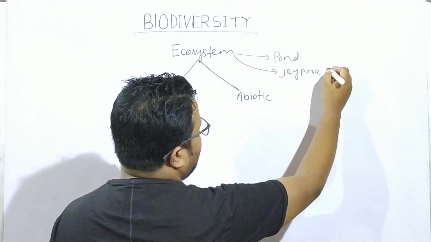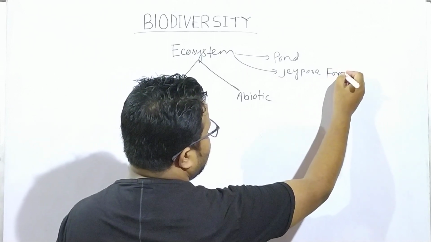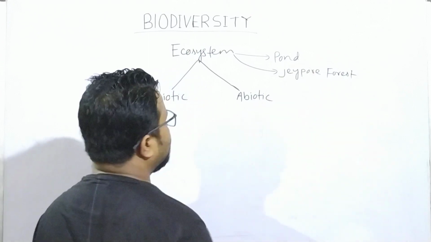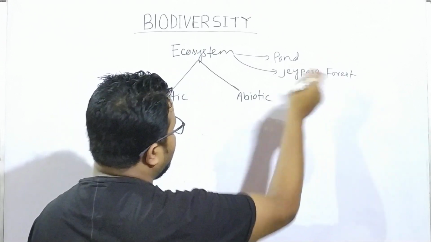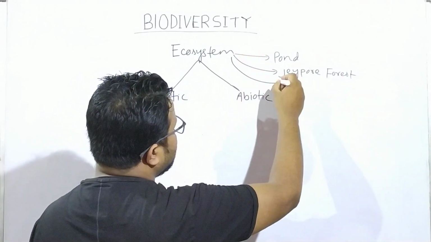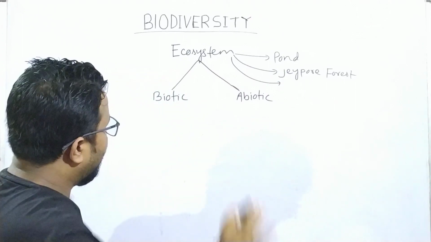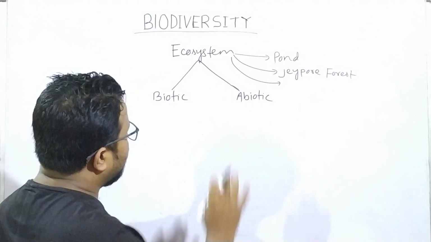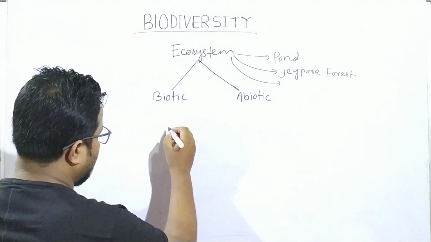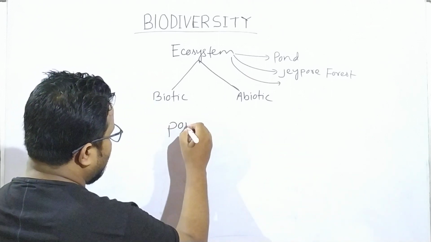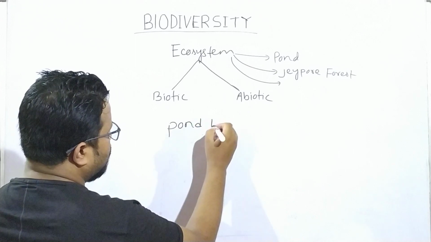So Jaipur forest, an evergreen forest, is an example of an ecosystem. There are pond ecosystem, forest ecosystem, marine ecosystem, desert ecosystem. There are various types of ecosystem, but first of all, we take one example: the pond ecosystem.